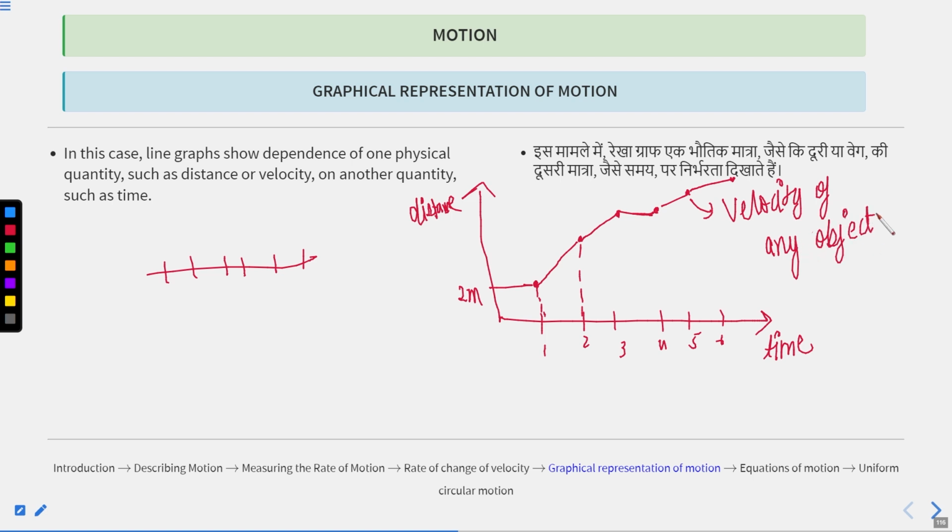So we are actually making a distance-time graph, but it helps us calculate the velocity or speed of any object. So you can understand that graphical representation is a very important thing. It will help us understand motion more deeply, decrease the effort, and make the calculation part easier.